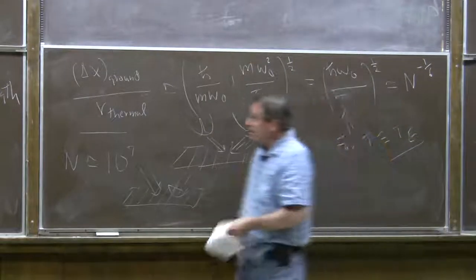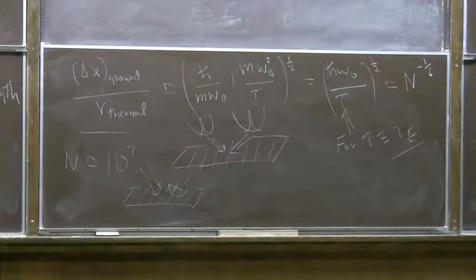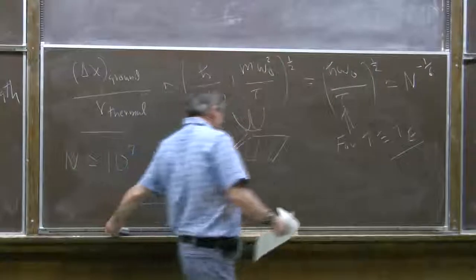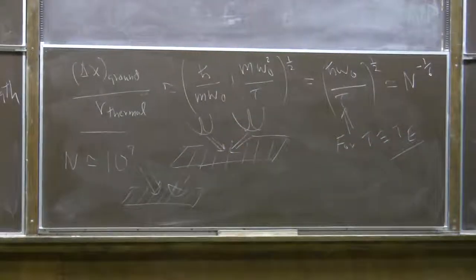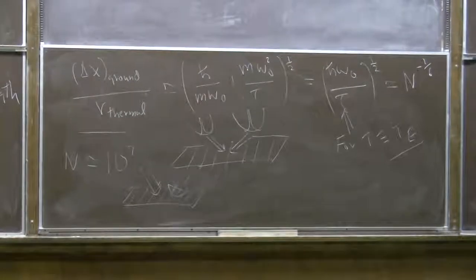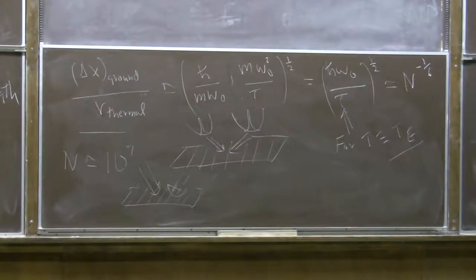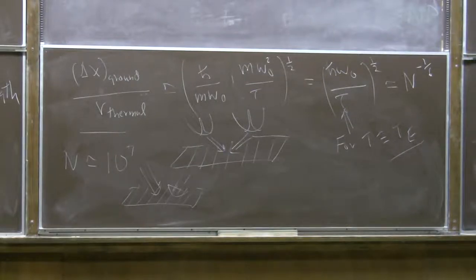Now, since that article was written by Ketterle in '97, the techniques for cooling atoms and making BECs have been used in many applications. And one of the things that has become a very active area is trying to study the effects of interactions among particles.